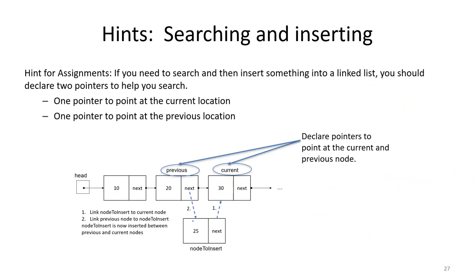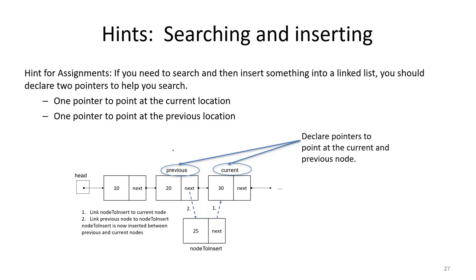Let's cover a few more hints about searching, in particular related to searching and inserting. So it turns out, sometimes we run into applications, such as in our homework assignments, where we need to search through a linked list and also insert something once you find the location where you want to insert.